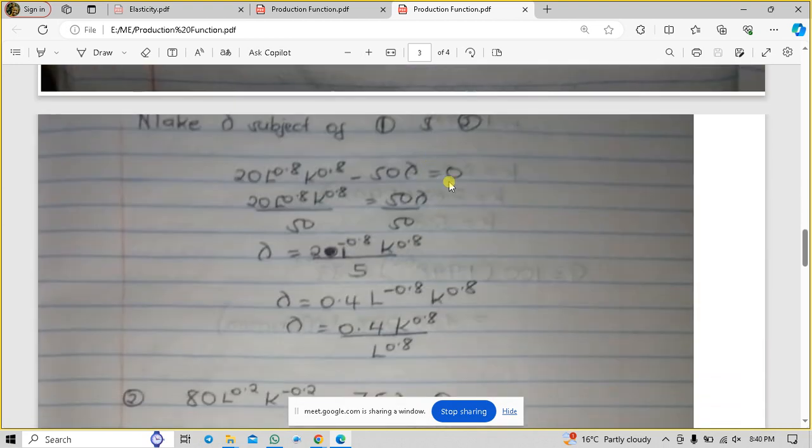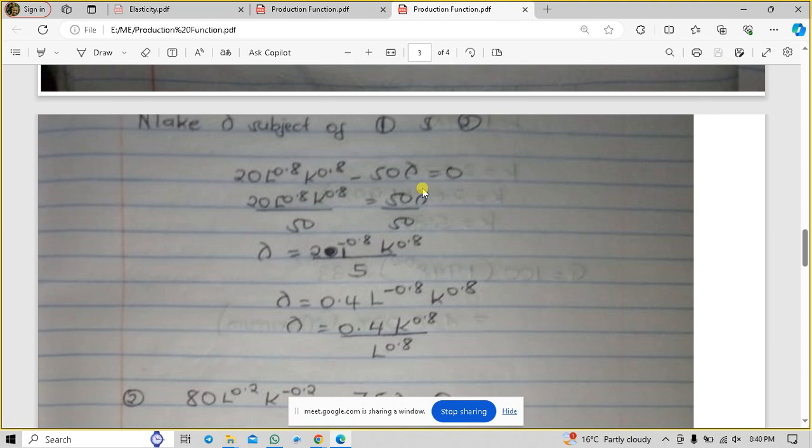So after solving equation number 1, you take this negative 50 mu to the other side. So what do you have? 20L is to power negative 0.8, K is to power 0.8 is equal to 50 mu.